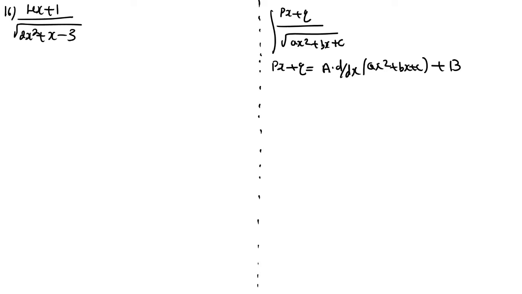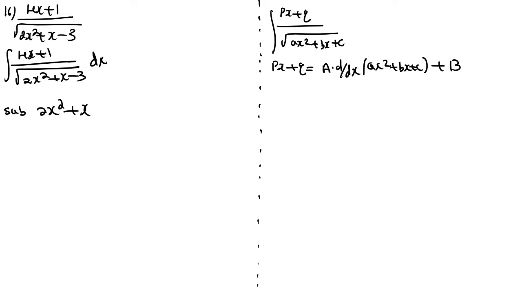But here see, no need to do this method, because if you observe the question, 4x plus 1 divided by square root of 2x square plus x minus 3 into dx is there, right? Here you can solve this by substitution method. Substitute 2x square plus x minus 3 is equal to t.